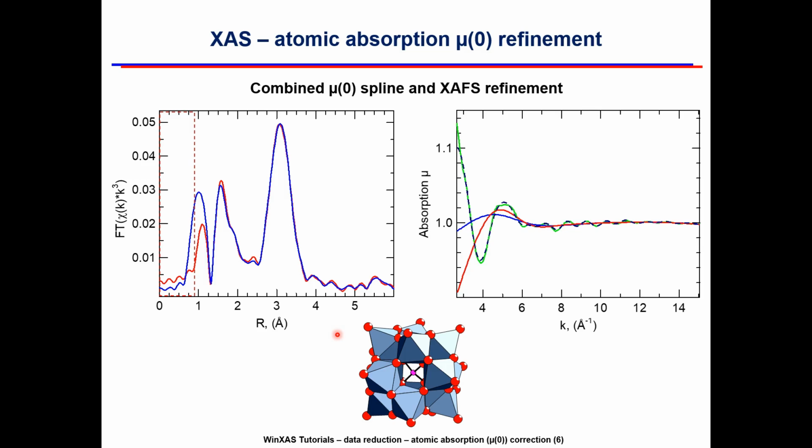In these cases, it may be beneficial to perform the refinement in k-space while using a combination of spline function and theoretical WinXAS function based on a suitable model structure. An example for this approach will be shown in another tutorial.